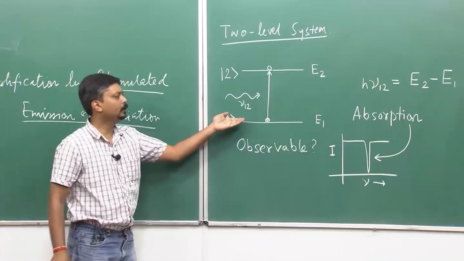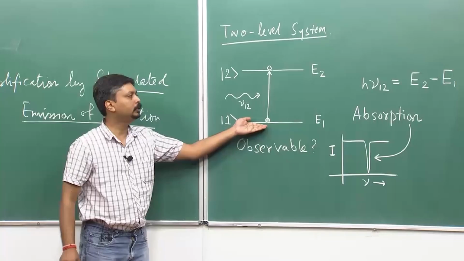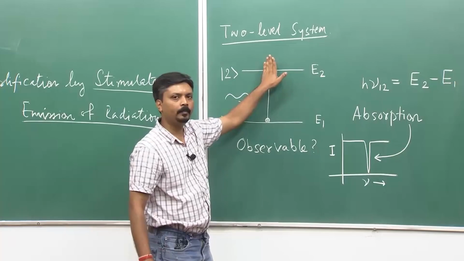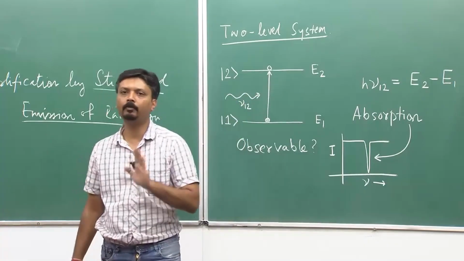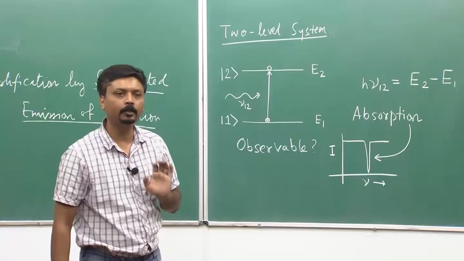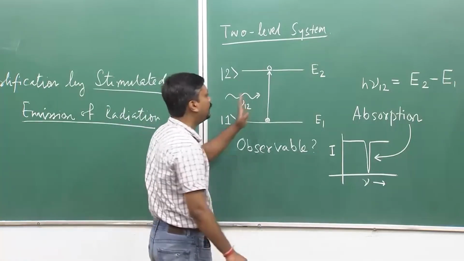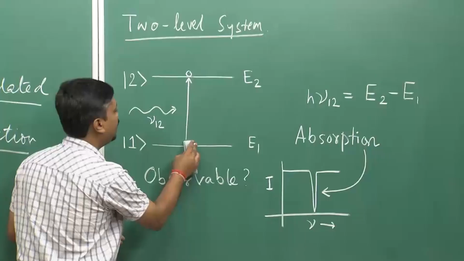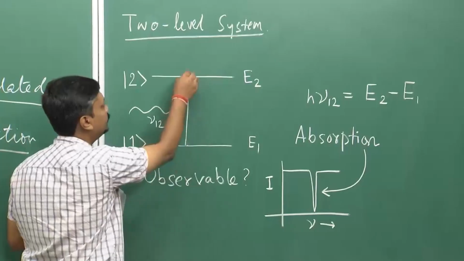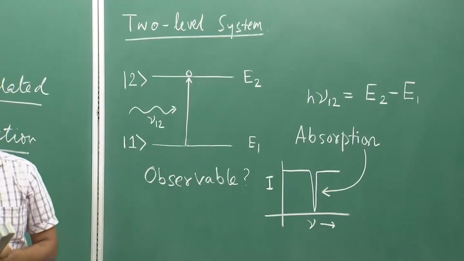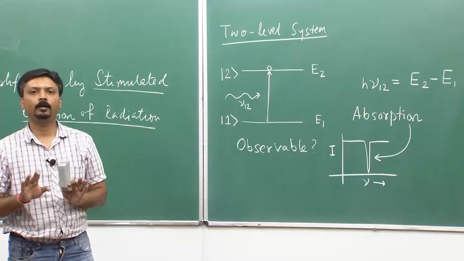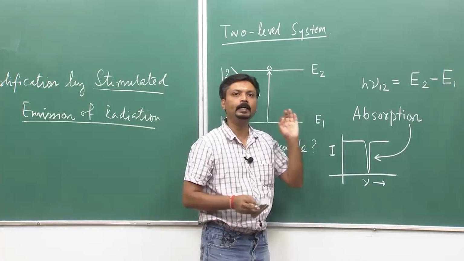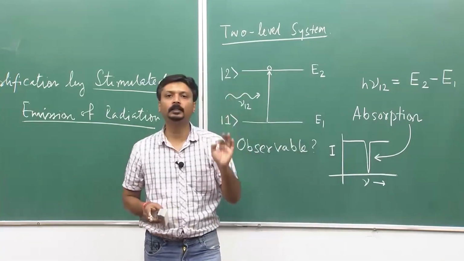So once I take the system from ground state to the excited state, the molecule will be there. Now for how long? Will it be there forever, or it will be there for a certain period of time? The answer is that this state of the system, that is when the molecule has made a transition from here and is residing on this state 2, it will not be there eternally. It has a finite time for staying in that particular state 2, which is known as the lifetime.